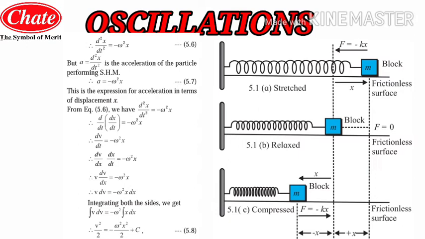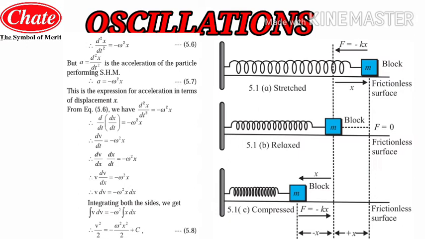So these terms combined may be written as dv by dt, which is equal to minus omega square x. This dv by dt term may also be written as dv by dx into dx by dt.